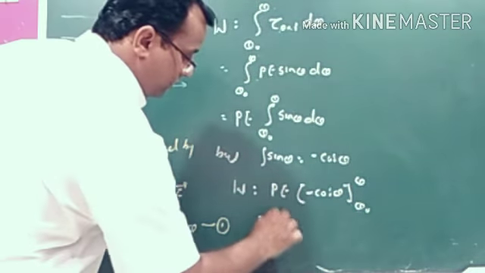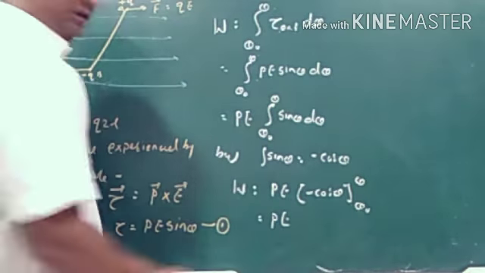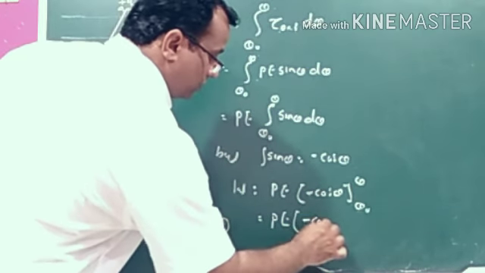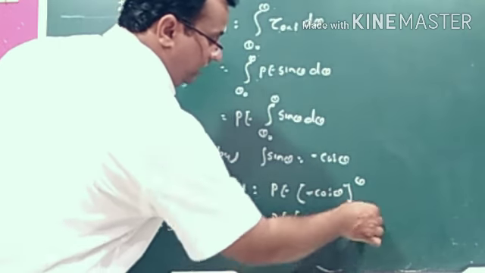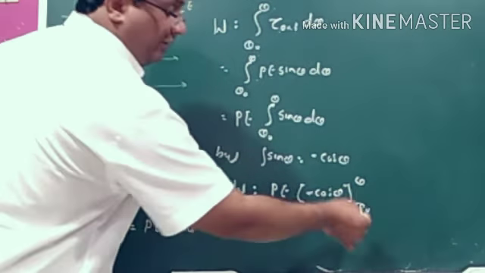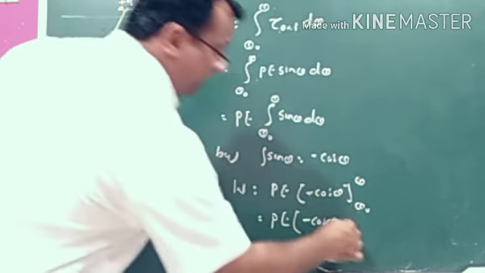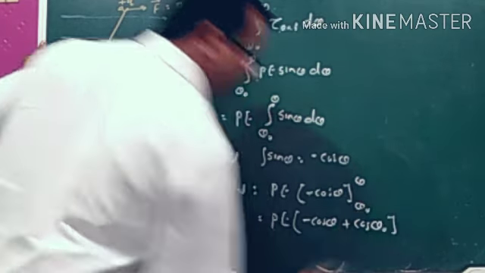So P E, that is electric dipole moment into electric field intensity, times minus cos theta minus, and again when we keep the lower limit we take the minus sign, so minus minus gives plus cos theta 0.